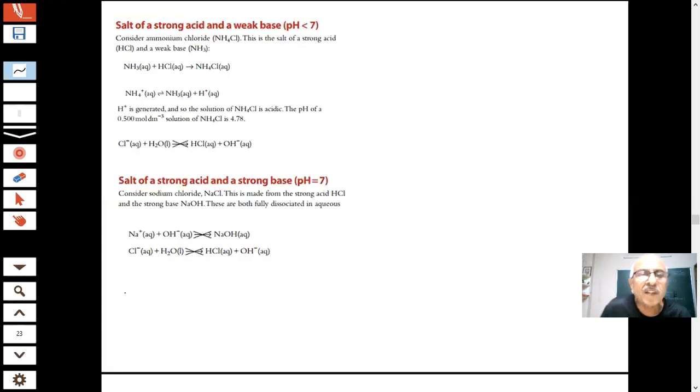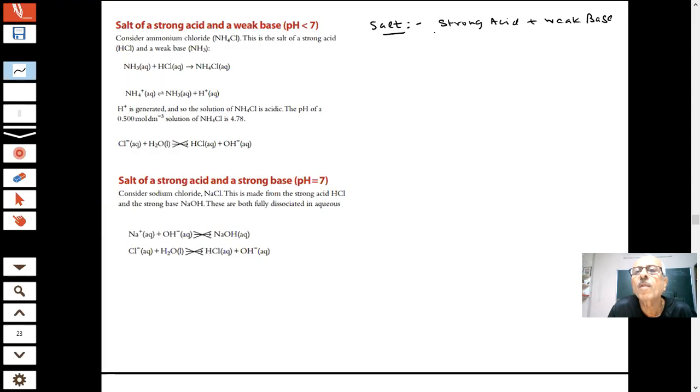Now let us take the case of a salt of a strong acid and a weak base. Give me an example of a strong acid and a weak base. Strong acid, HCl.